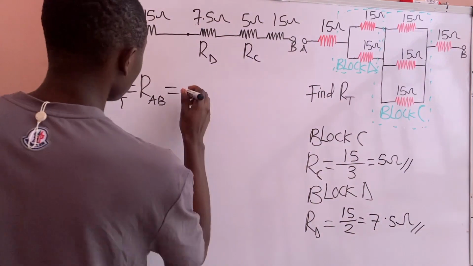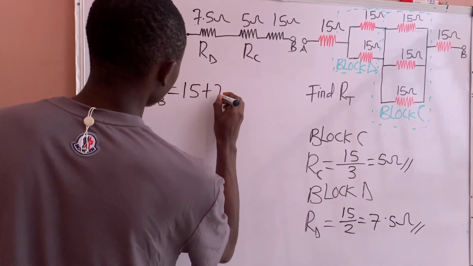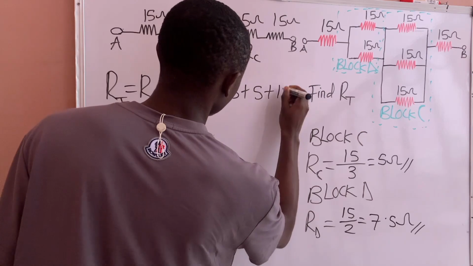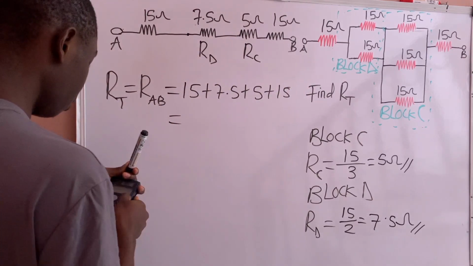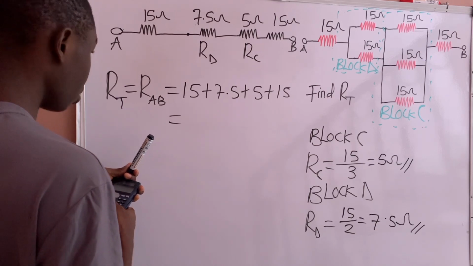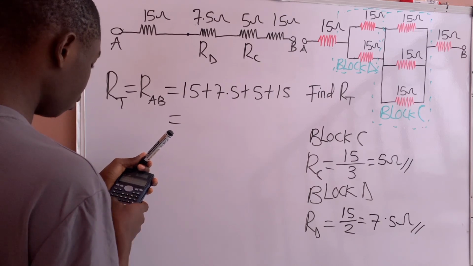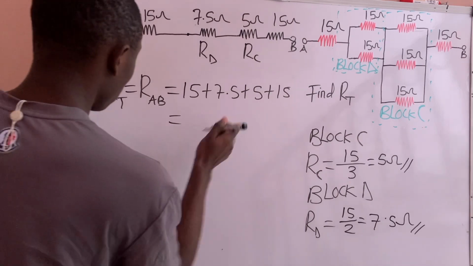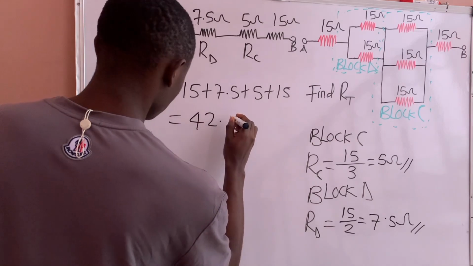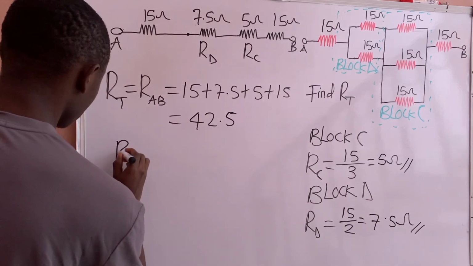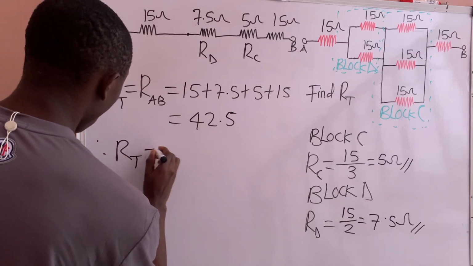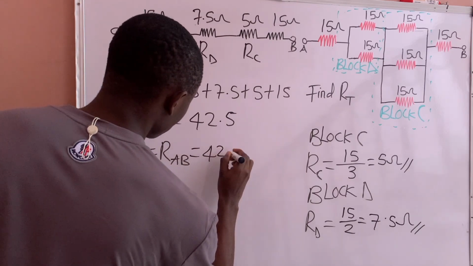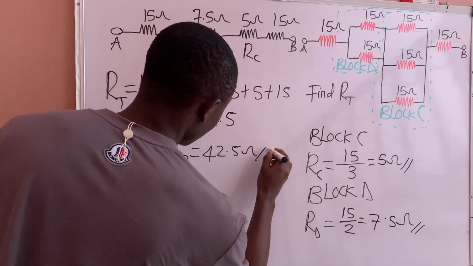So it will be 15 plus 7.5 plus 5 plus 15. It will give us 42.5. Therefore the total resistance ROAB between terminal A and B is 42.5 ohms. So that is the answer.